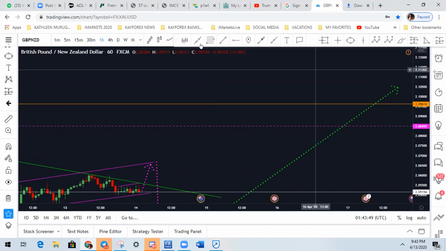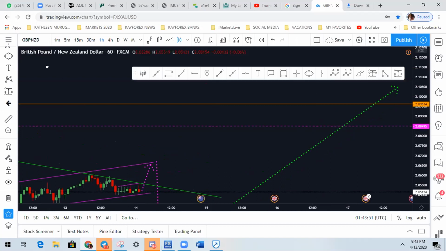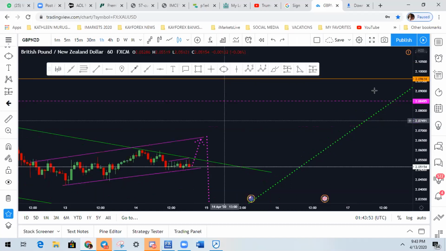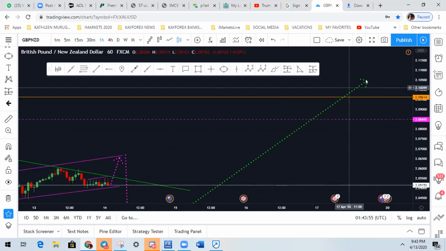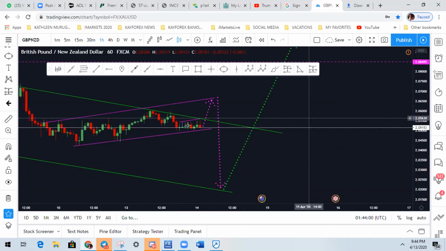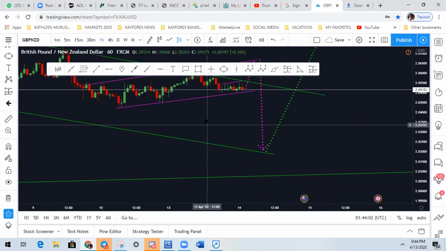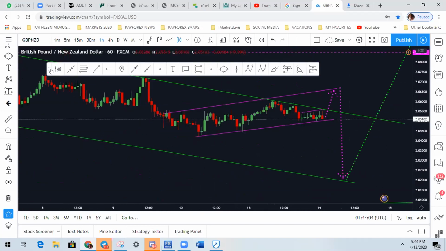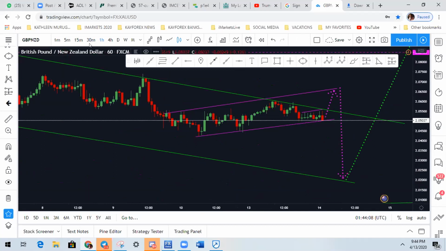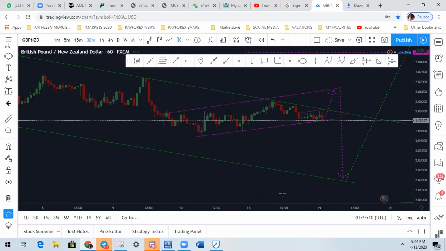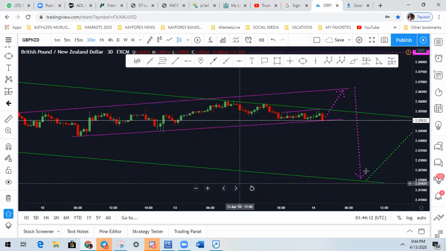I'm trying to move this. Sorry. And then go back down for it to go back to that zone. So you just keep watching and putting the alert. We can go down to the 30 minutes and see if there's anything going on.